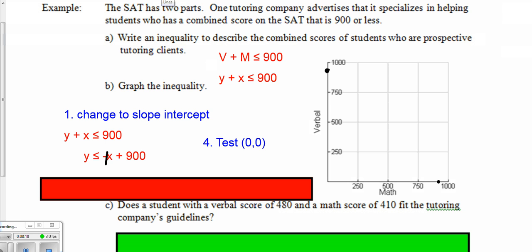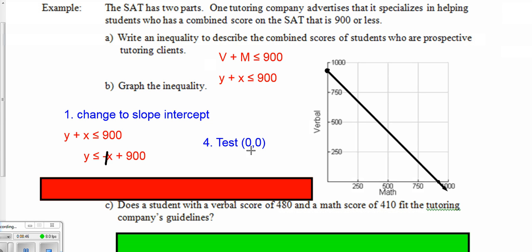Now again, we would normally draw in a dashed line. Instead of doing that right away, I'm going to say, look, I notice that this is the or equal to. So instead of drawing in that line, I'm going to right away draw in a solid line, because I know, because of the or equal to, this needs to be a solid line.